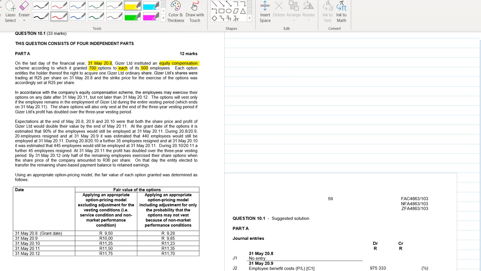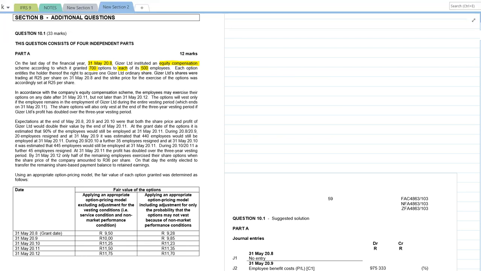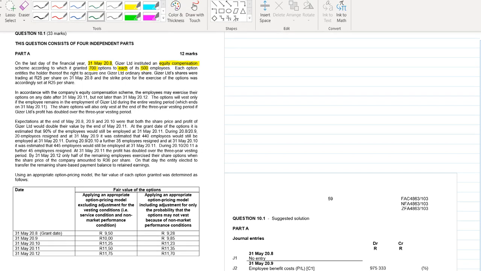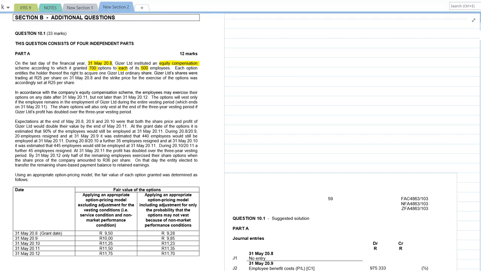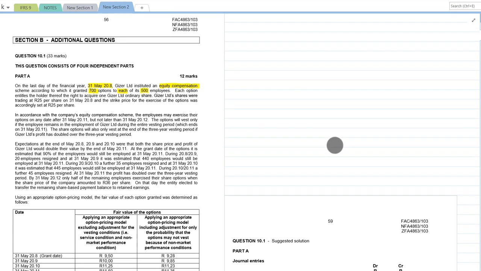What I can pick up from the sentence, let me use a different pen for now, the red one, is that there is an equity settled scheme because they offered on 31 May 2008.